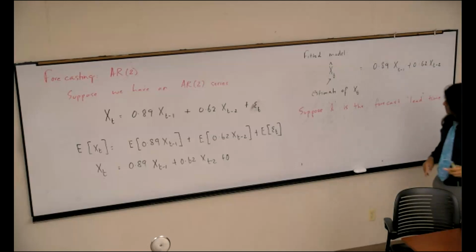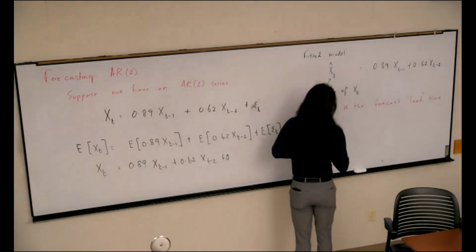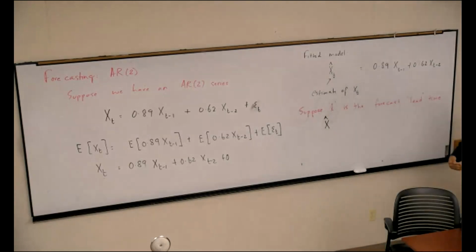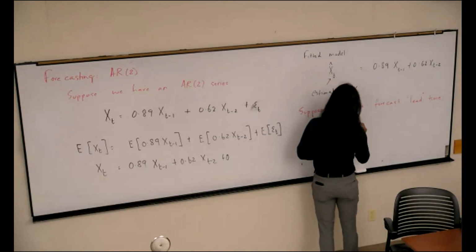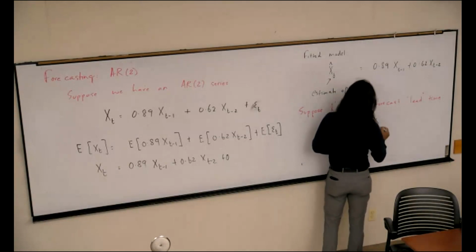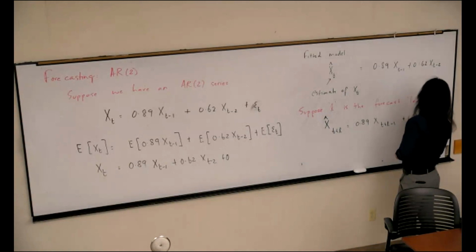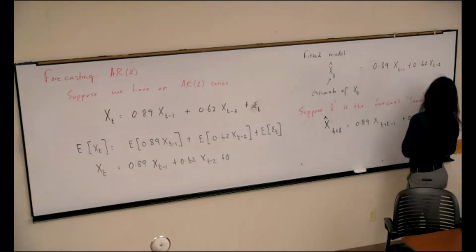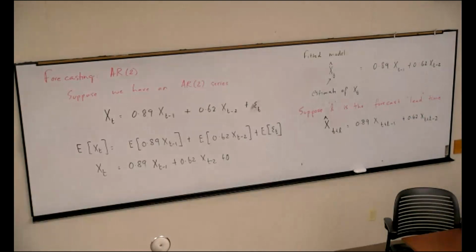Let's use L. And forecast simply would mean you are going 1 step forward, 2 steps forward, and so on, right? So xt plus L. Good so far?